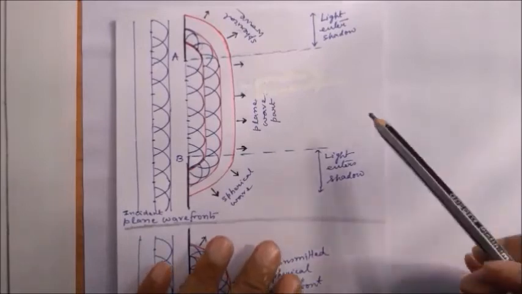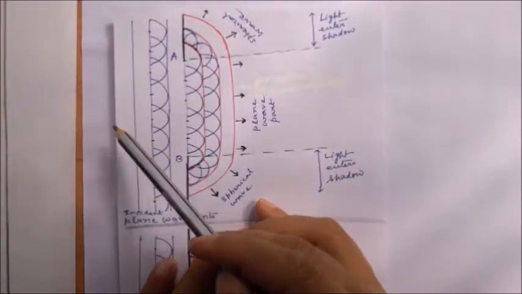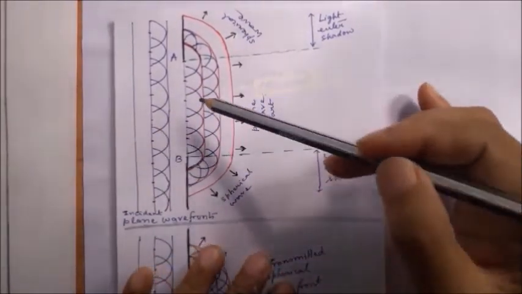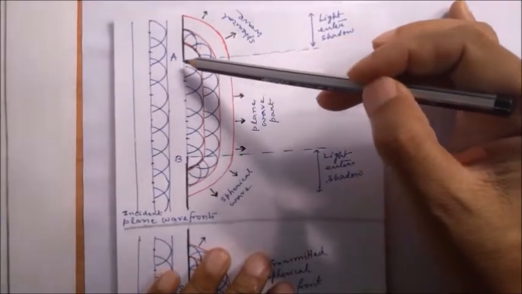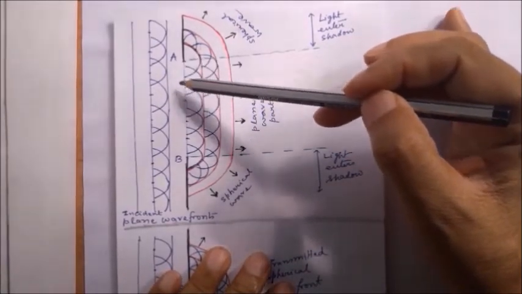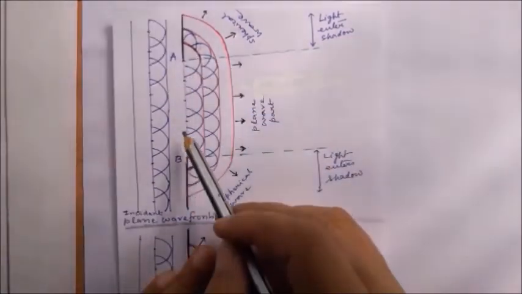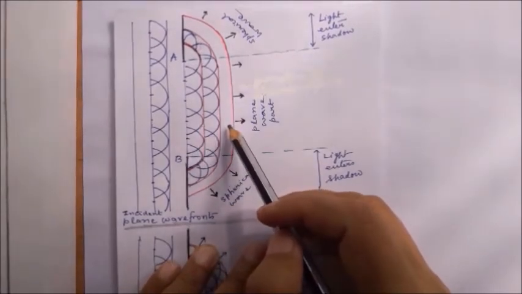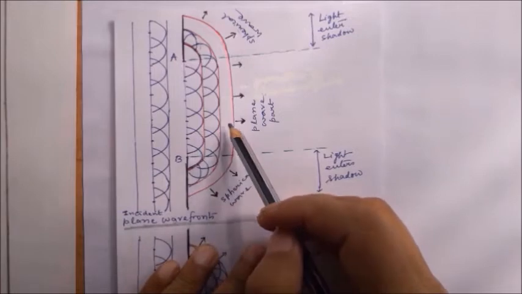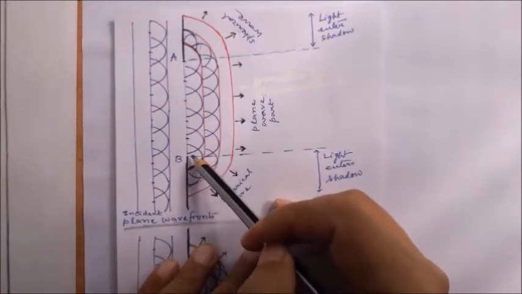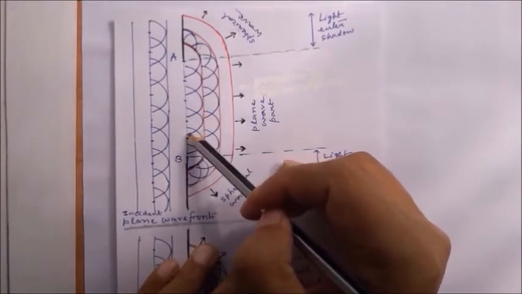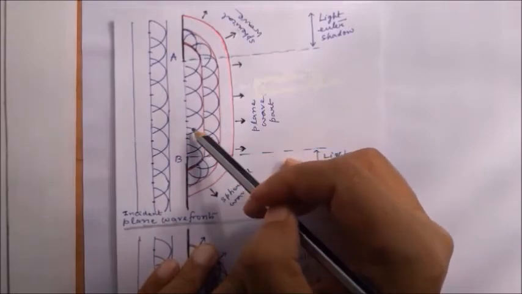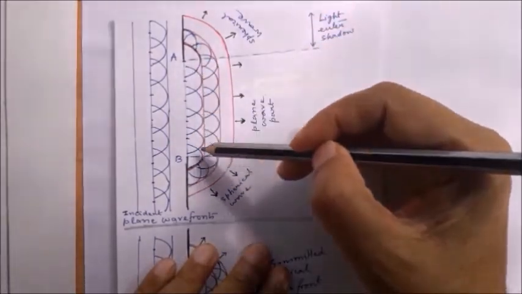So this is what we have. The source is at the left and the plane waves are advancing. It encounters an aperture. The picture shows how we get the successive wavefronts through Huygens construction. These are the secondary waves in the form of spheres, and this is the common tangent.